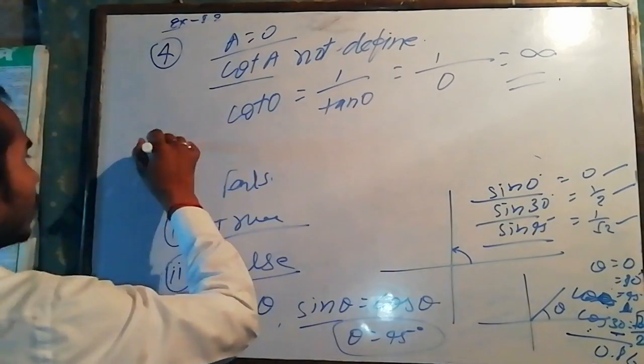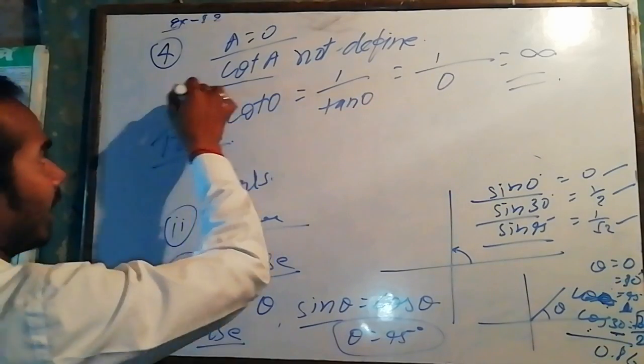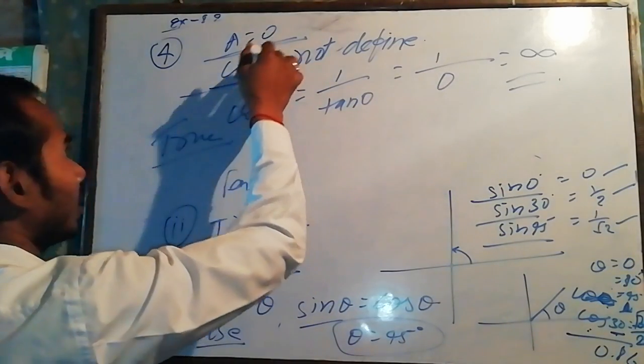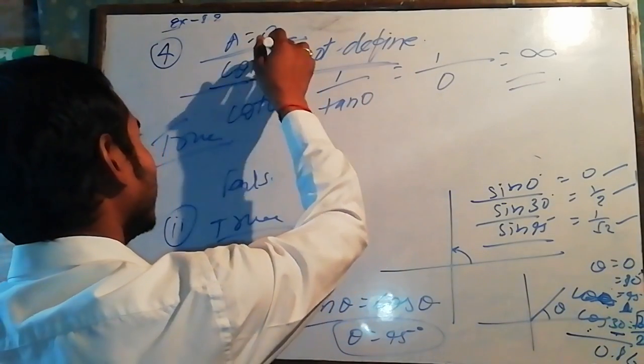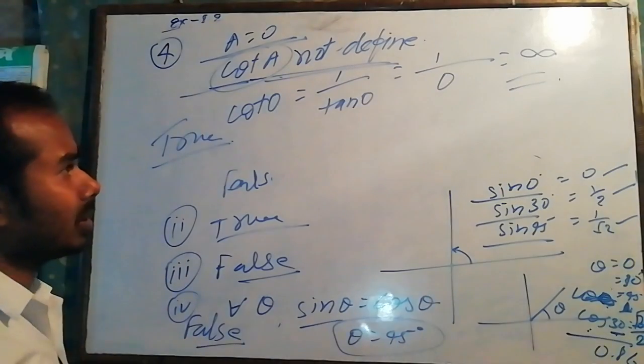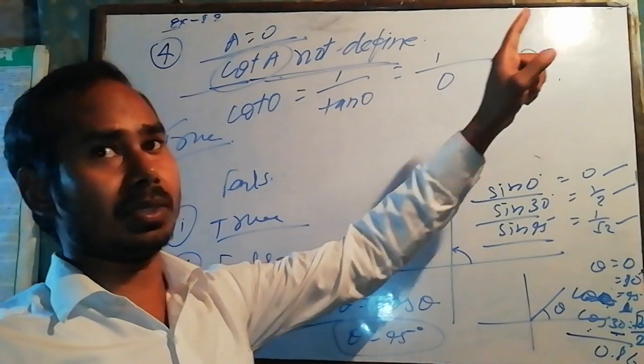So its answer is true, because at 0 degree cot A is not defined.